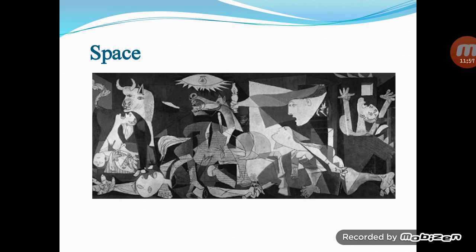Positive and negative space. The relationship of positive to negative space can greatly affect the impact of a work of art. In this drawing, the man and his shadow occupy the positive space, while the white space surrounding him is the negative space.